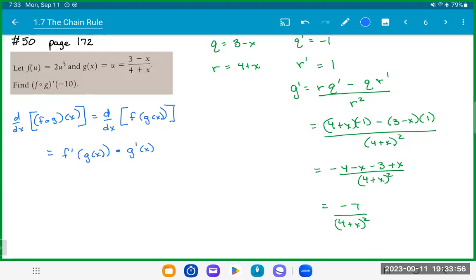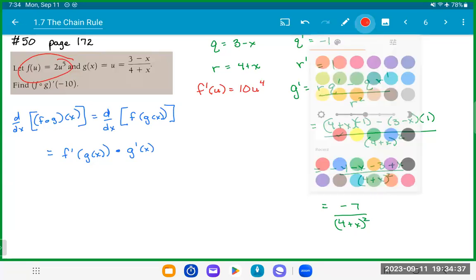So what does all of this mean? First, we have our f function. This tells me that f prime of u is going to be, I'll put the u in parentheses, 5 times 2, which is 10, u to the 4. Because we'll need that as part of our process as well.